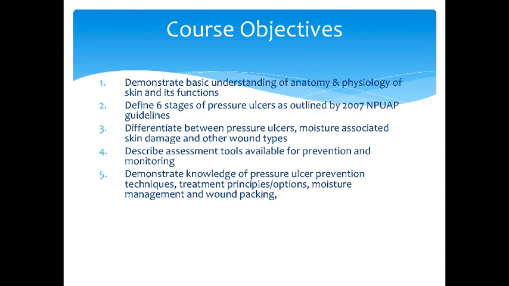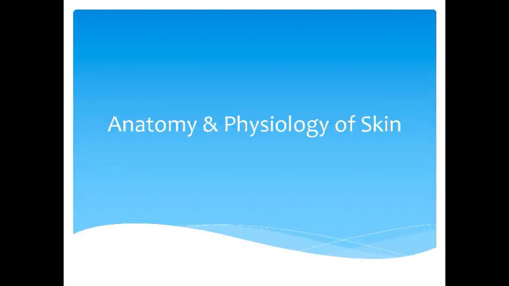So maybe you see these in your practice, so it's just to give you a little bit, so next time you see it, you might be like, oh yeah, I remember, that's what that is. There are some assessment tools, which we'll briefly go over, and then we're also going to talk about some pressure ulcer prevention techniques, treatment principles, and I know it sounds really basic, but how to pack a wound.